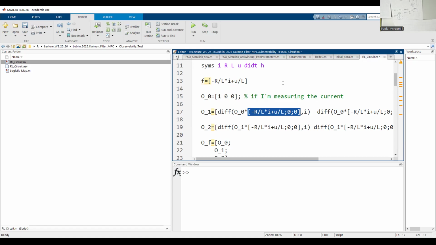To be precise, to do exactly what I did, I need to define F in a different form. I need to define F as a vector. I have to put here exactly F equal to this, but I didn't do it, I don't remember, because probably at the beginning I built this and then the lecture, because F typically is the field, it's not only the first element of the field.